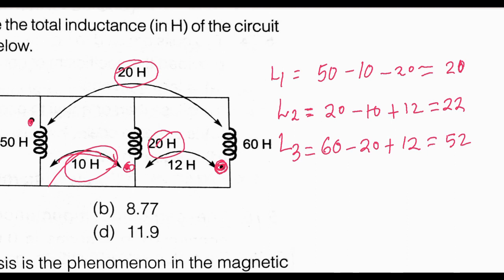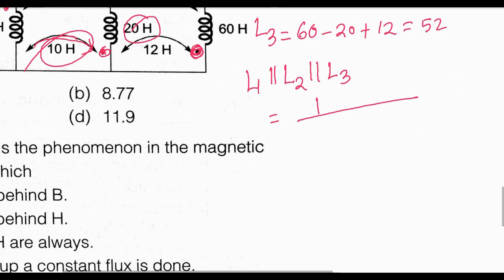So now I have the three equivalent inductances which are connected in parallel, and the equivalent inductances are 20, 22 and 52. So this will be L1 parallel L2 parallel L3, and in case of parallel condition this obeys the same rule as the resistor.